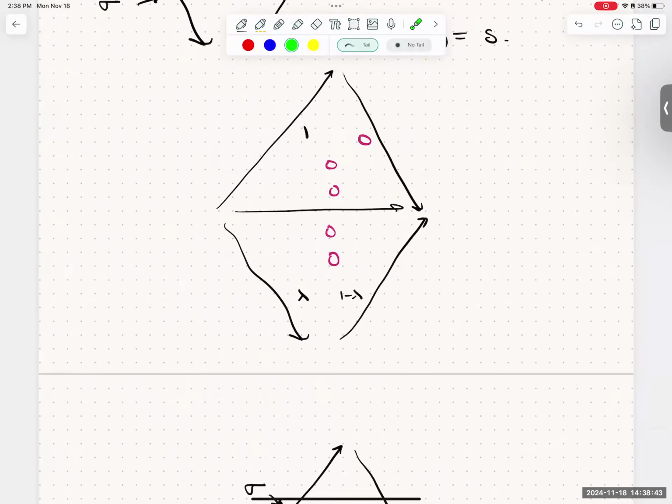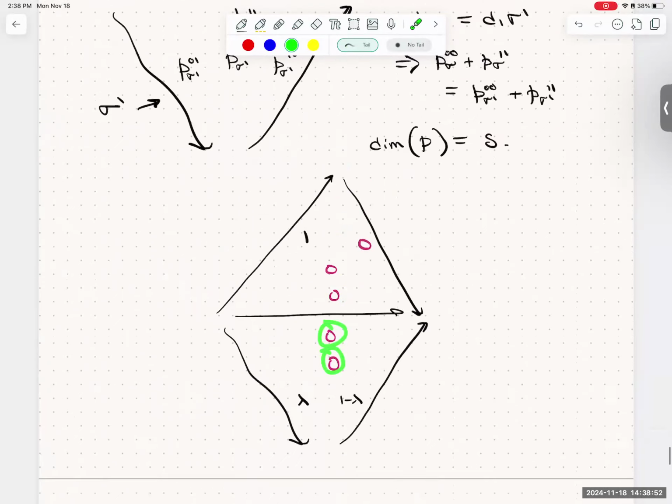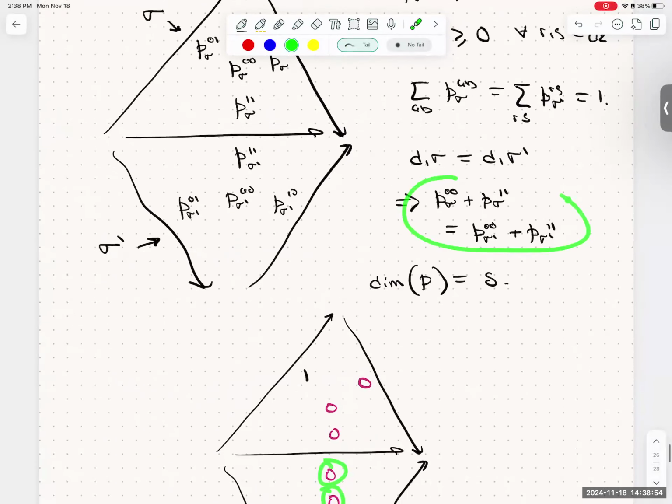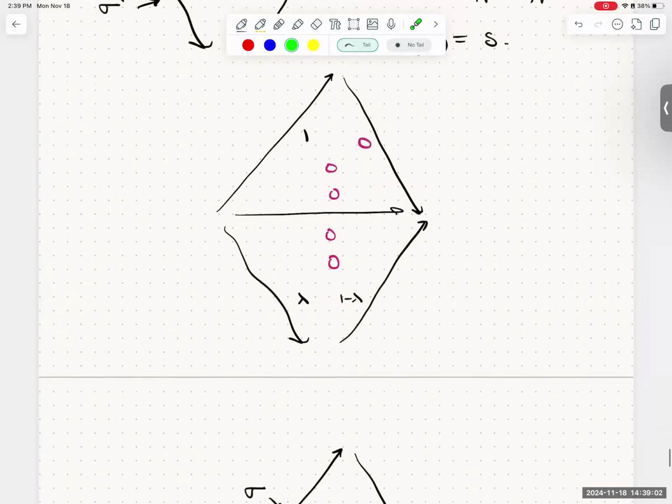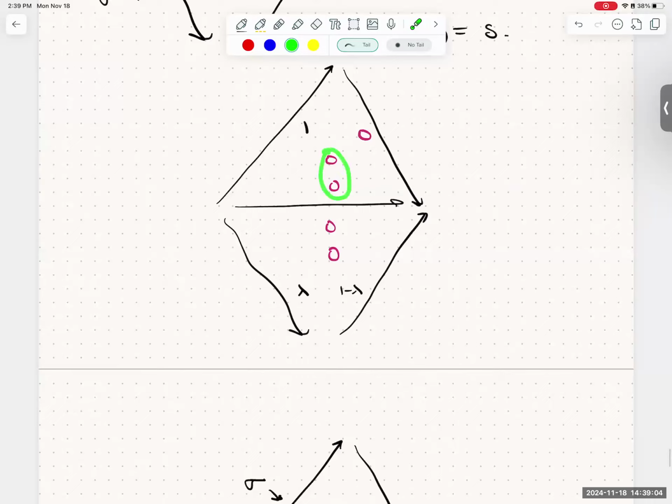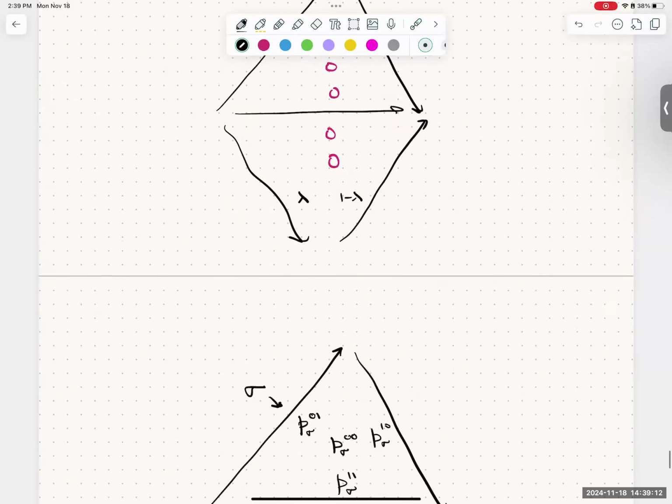Essentially, if I choose P00 and P11 to be 0, then it requires automatically that these are 0 from this equation here. So choosing these two to be 0 at the same time as this is not an independent equation. Choosing this one and this one is independent, and then this one is forced. Or yes, I think more or less.